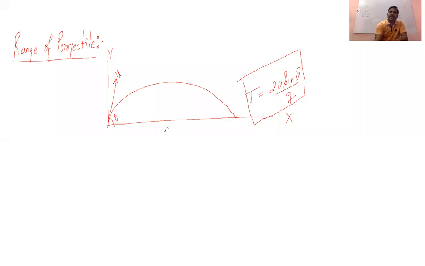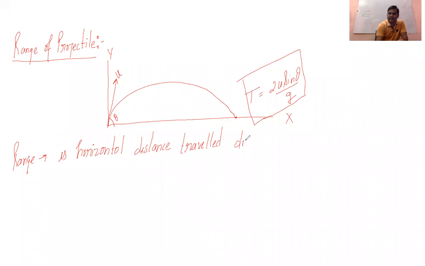We are willing to calculate the range of the projectile. So range is the horizontal distance traveled during projectile motion.